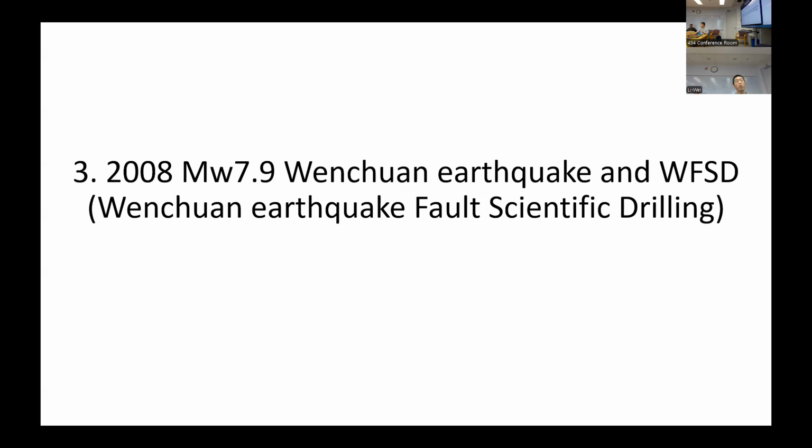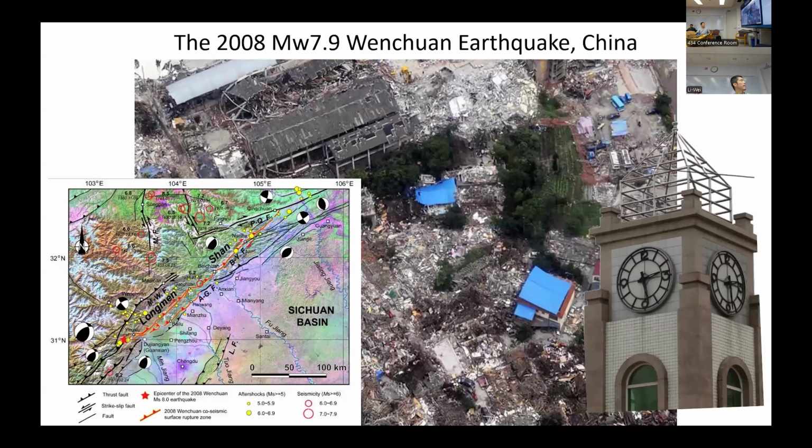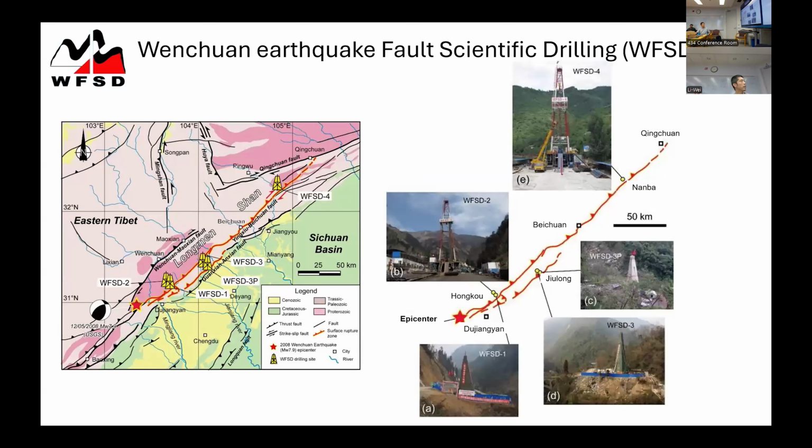Okay, for Wenchuan, that will be very quick. It's the Wenchuan earthquake, and our collaborator Haibing has 4 boreholes, and I mainly work on borehole 1, the first borehole. He has recognized the principal slip zone at 90 meters depth.